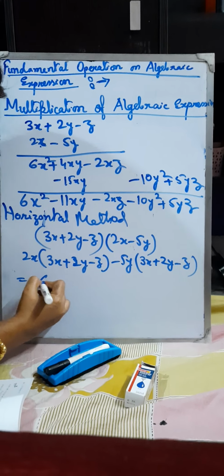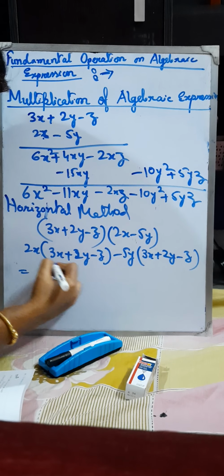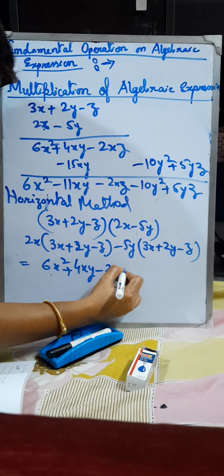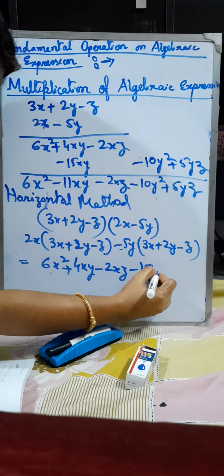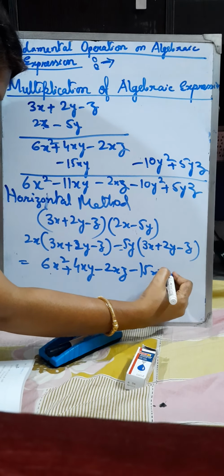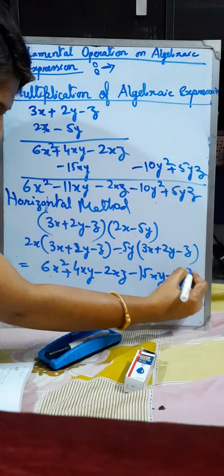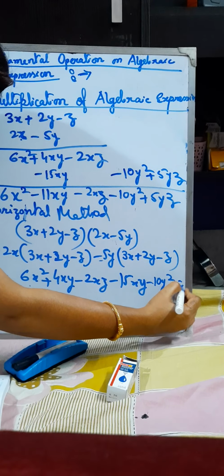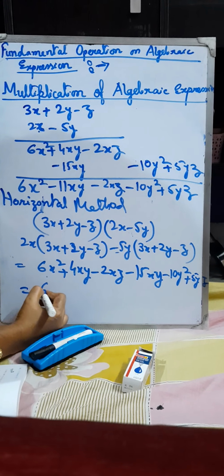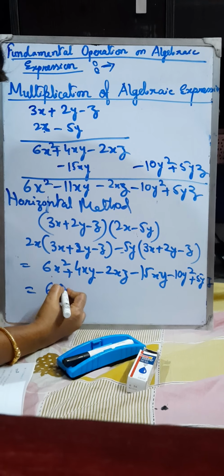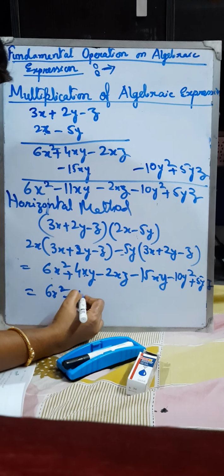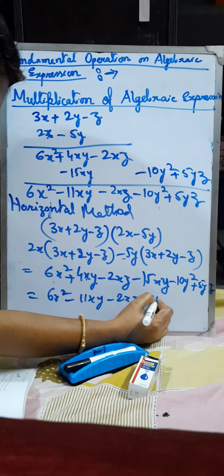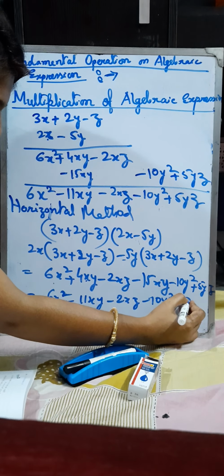Now 3 twos are 6x square, plus 2 twos are 4xy, then minus 2xz, minus 15xy, minus plus minus 10y square, minus minus plus 5yz. Now calculate it: 6x square, 4xy minus 15xy is minus 11xy, minus 2xz, minus 10y square plus 5yz.